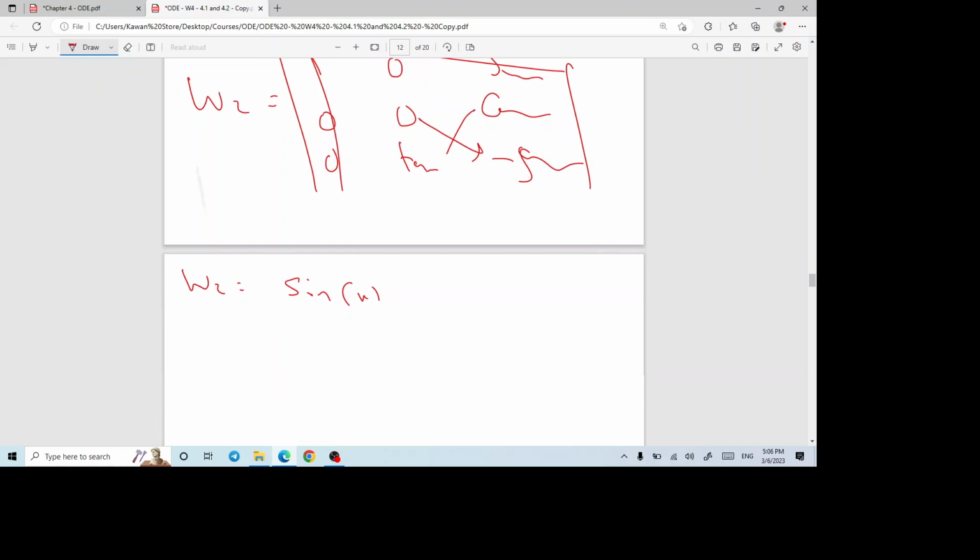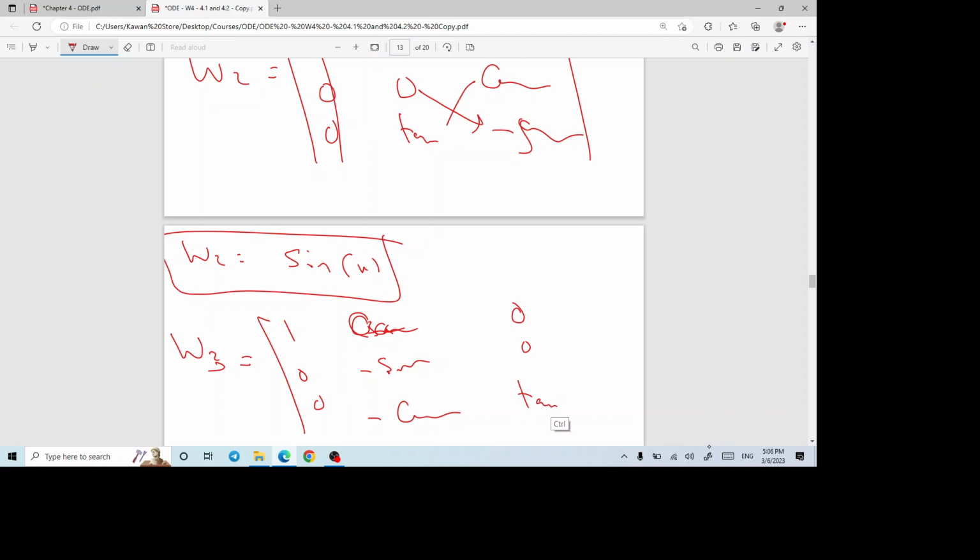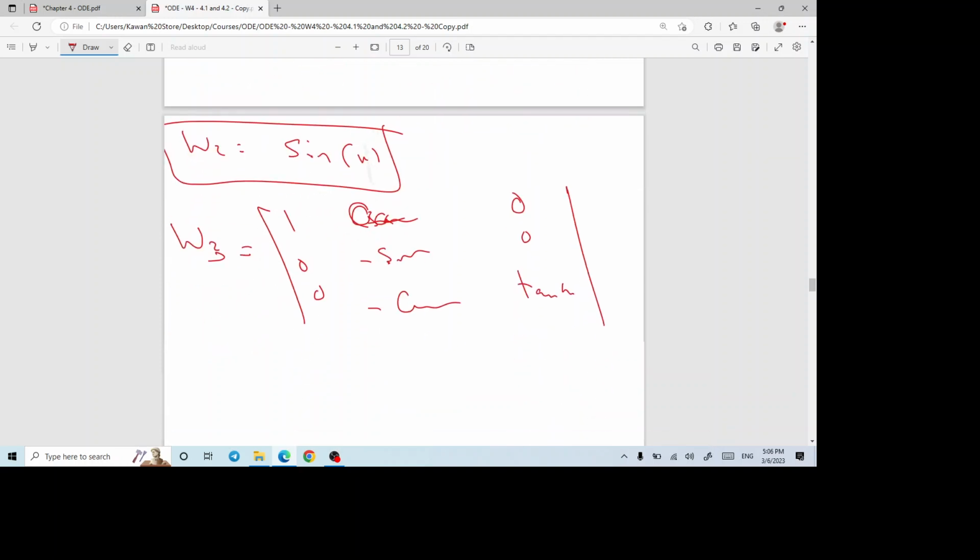Good. Now the last one, W3. 1, 0, 0. Am I right? Cosine, minus sine, minus cosine. Am I right? 0, 0, tan.